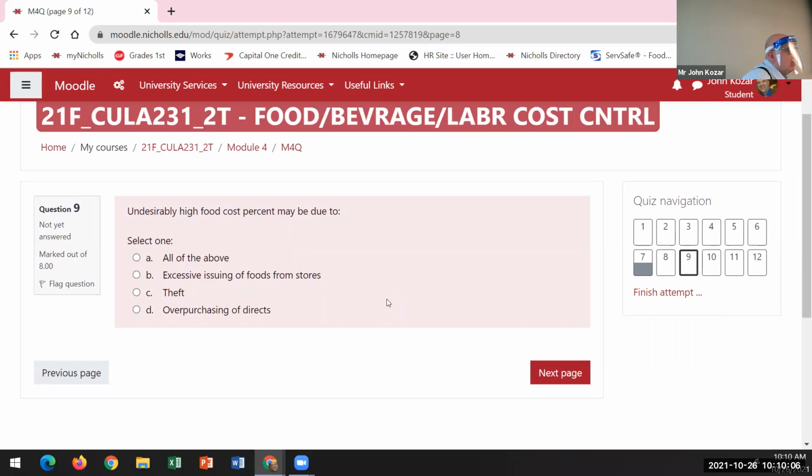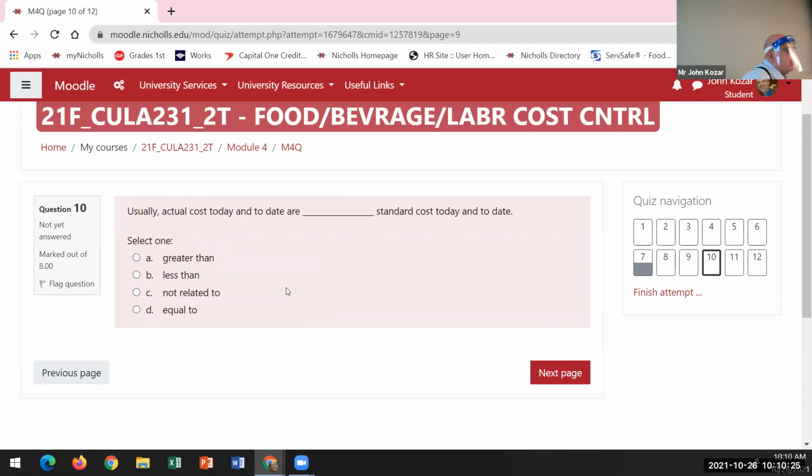Okay. Undesirably high food cost percentage may be due to... that would be what I would answer. Usually actual costs today and to date are greater than, less than, not related to, equal to.